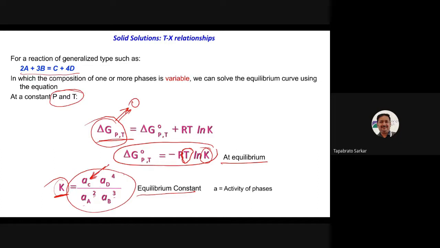So this is the link between the Gibbs free energy, the pressure and temperature conditions, and the compositions of the minerals. Okay.